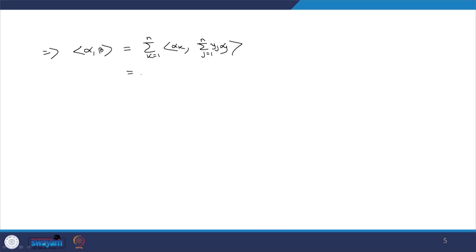Again by the definition of the inner product, I can write this as the double sum over k equal to 1 to n and j equal to 1 to n. The scalar quantities x_k and y_j bar I will take out, and then the inner product of alpha_k and alpha_j remains.